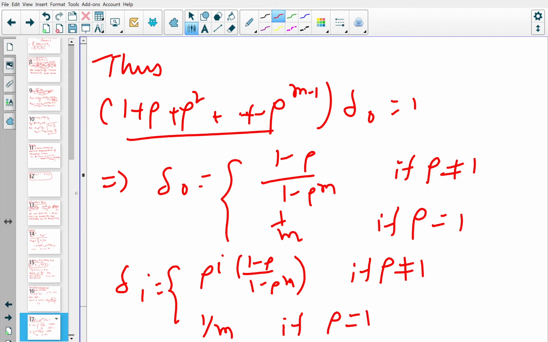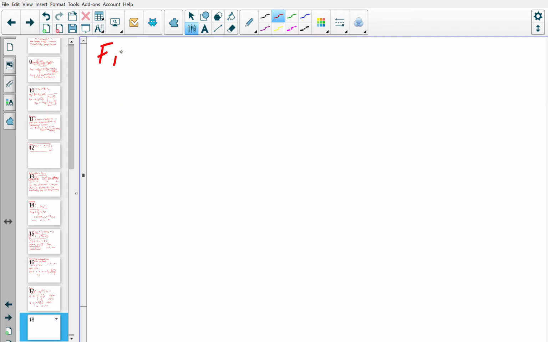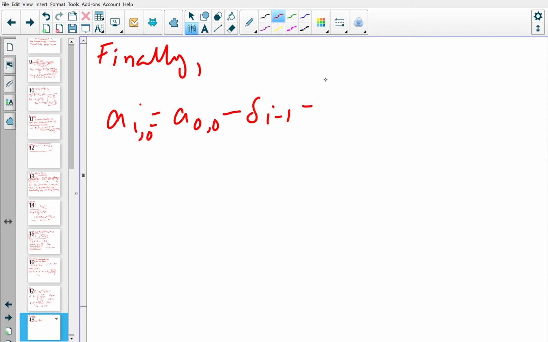Okay, so I already got the deltas, but the deltas are differences between these absorption probabilities, so you can also find the absorption probabilities. So finally, A_i0 is equal to A_00 minus delta_(i-1), minus delta_(i-2), and so on, and the last one is delta_0.